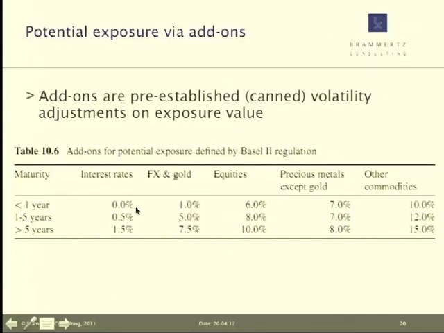If it's an interest rate swap below 1 year, there's no additional charge. Then it's a half, and then it's 1.5%. But you see in gold and FX a lot more, 7.5%, and other commodities, 15%. So if you have a commodity future for any commodity except precious metals and gold, and it's longer than 5 years, you have to add 15% to the exposure which you have.